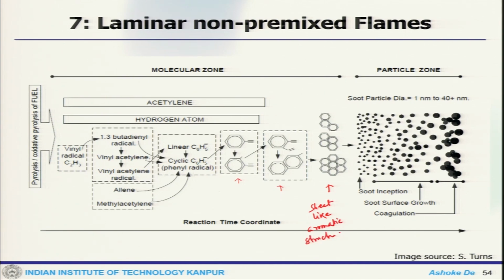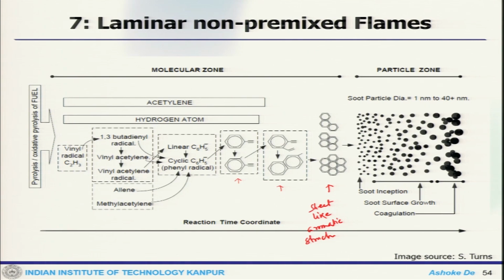So, that forms, and then from there the phase change takes place, and this is the step you call soot inception. Then you have surface growth, that means these small particles grow. This is the surface of these assumably spherical particles growing, and you get larger size particles.